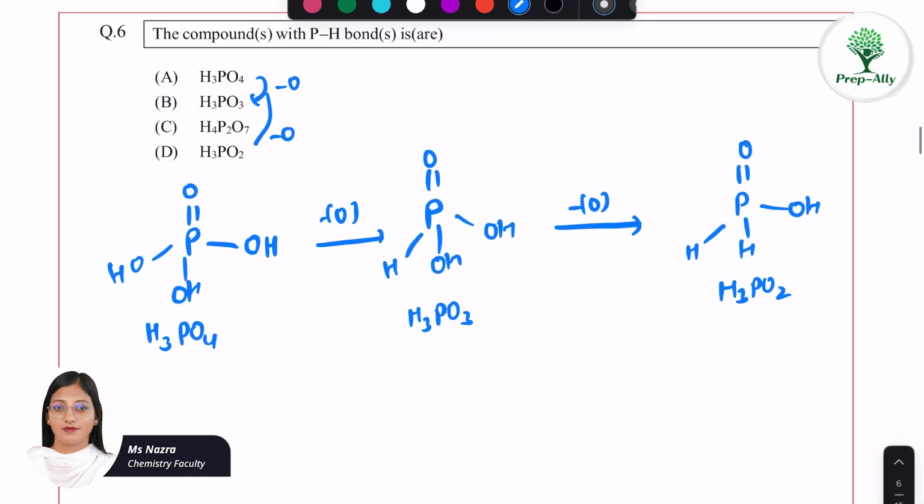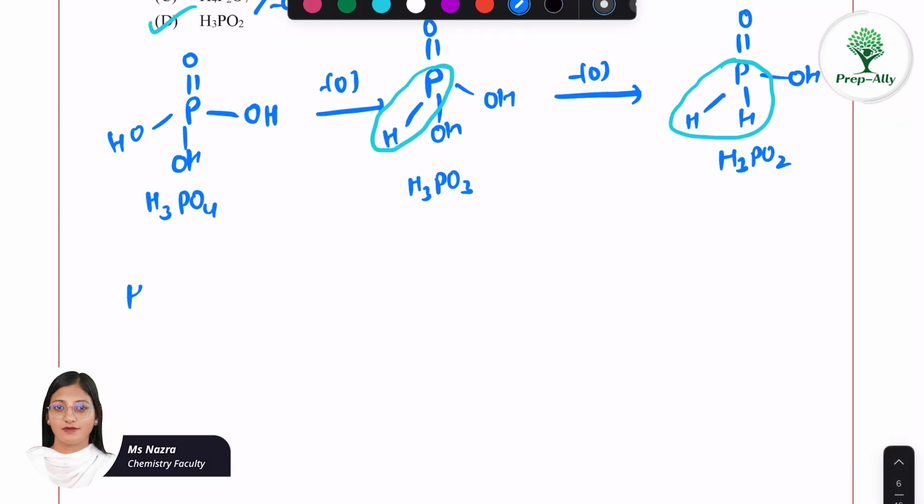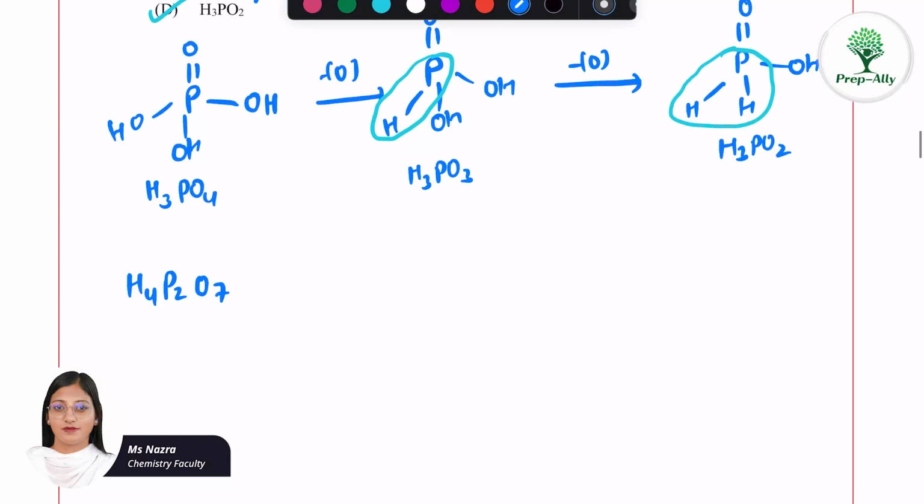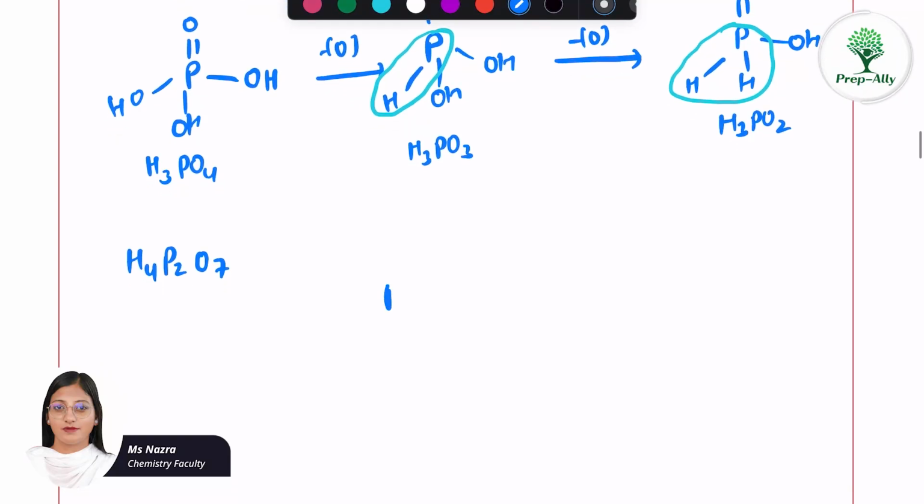So if you look at these options, this one has a P-H bond and this one also has a P-H bond. So options B and D are correct. Now let's look at the structure of H4P2O7. It's pyrophosphoric acid and we will draw the basic skeleton structure.